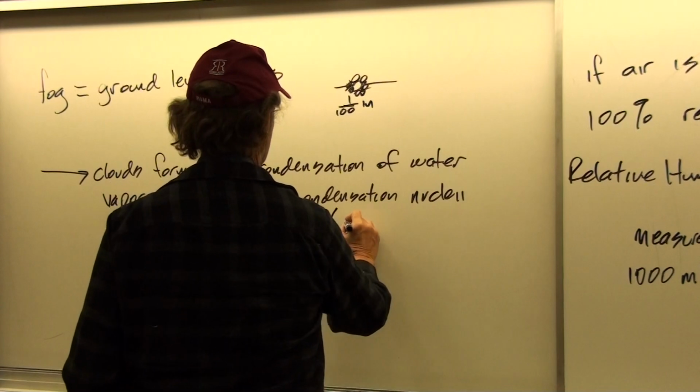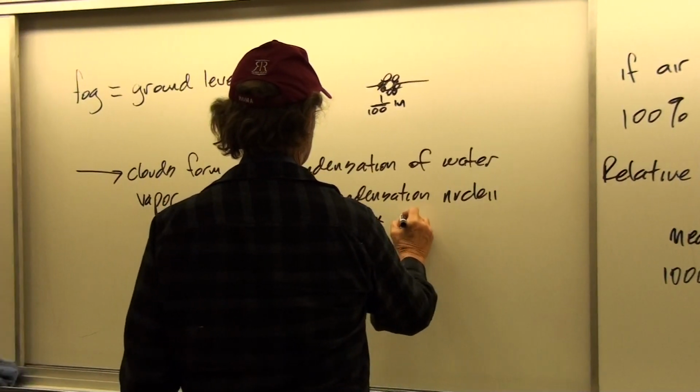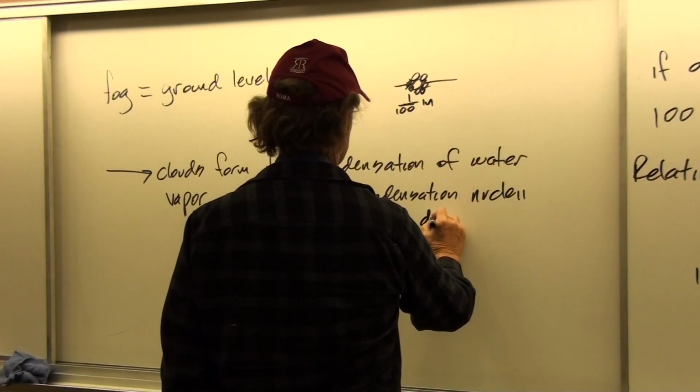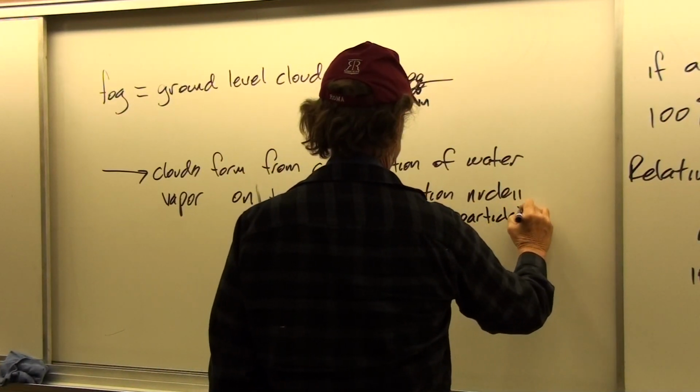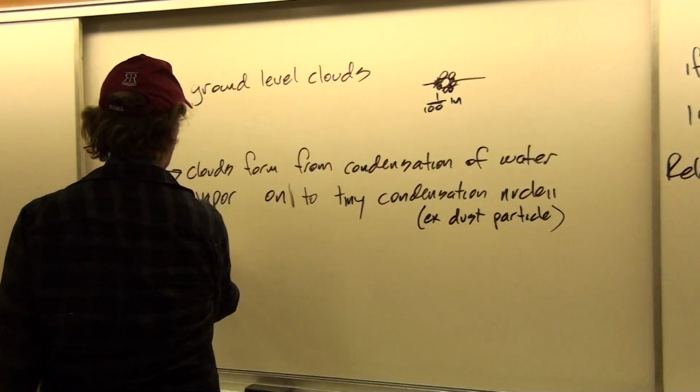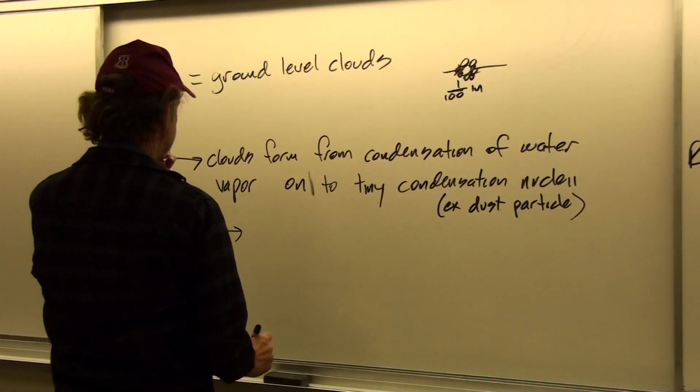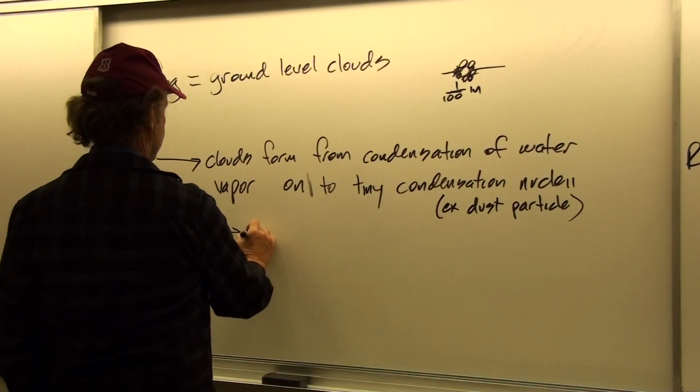And so here we could think of this as, for example, being like a dust particle. And so this all requires then that the system is at 100% relative humidity.